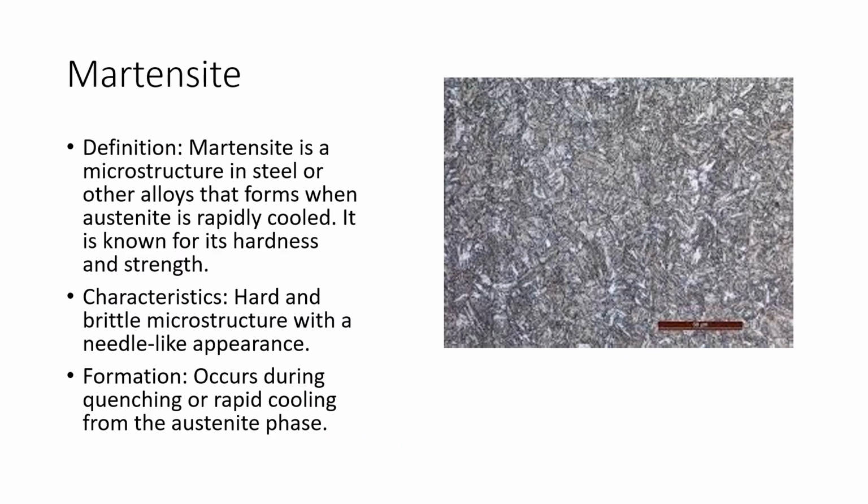Martensite. If you've been around steels, you're going to hear this term, martensite. This is the body-centered tetragonal form of the iron-carbon structure, and it is allowed to form when austenite is rapidly cooled. Let's say our blacksmith is making a chisel for us.